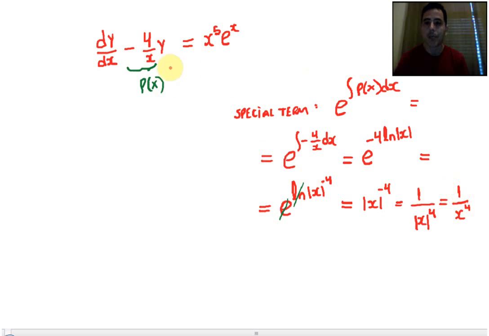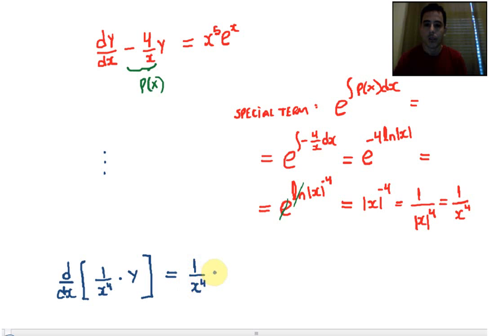So let's multiply both sides of the differential equation by that special term. If I do that, then recall that we're going to get d/dx of that special term times y, and the other side is 1 over 4 times x to the 5th e to the x.